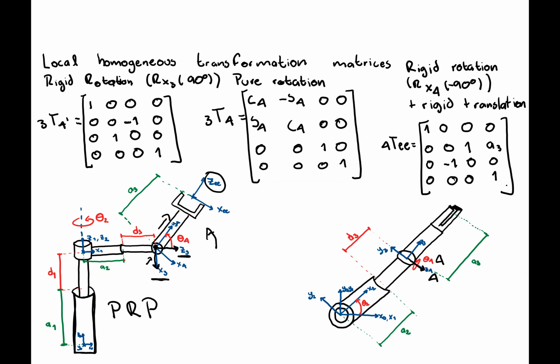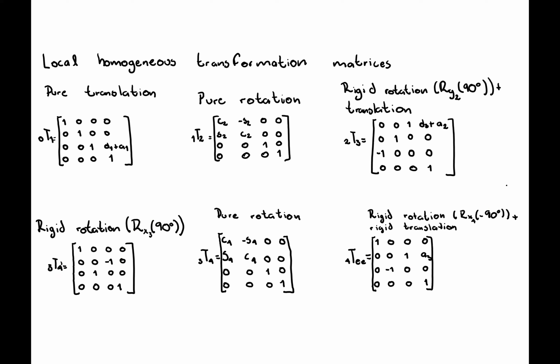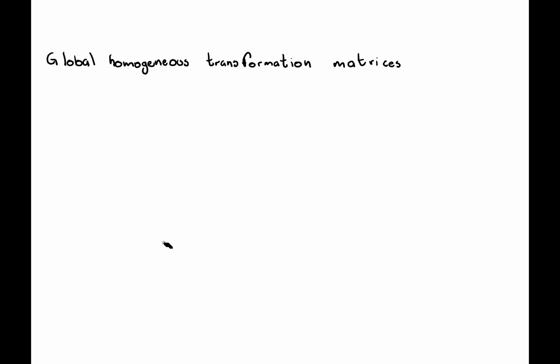Now I write them down all here. Yeah, actually I had it correctly here. So now let's compute the global homogeneous transformation matrices. To do that, the first one is easy.